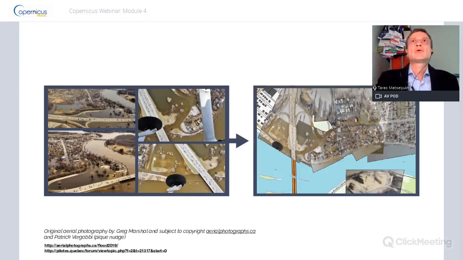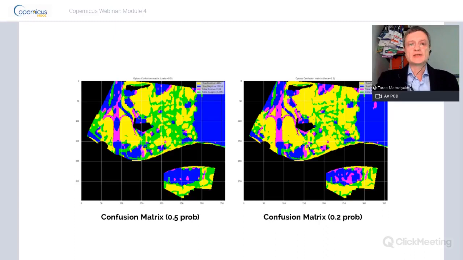And in our reference case in Canada, we actually used a highly detailed aerial imagery mosaic, which was manually inspected by our analysts, on which we created a mask of flooded and non-flooded areas. Later, this mask was fed into the platform and compared with AI inferences at different probability levels.